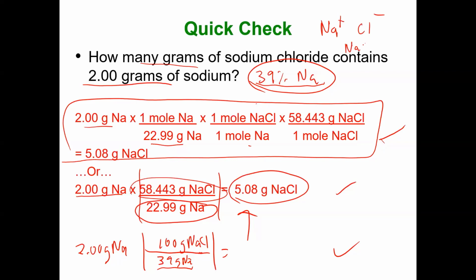So my formula is NaCl, and then go about it the way I showed earlier. Either way, pretty straightforward. Part over whole. They might give you the part over whole, or you might have to calculate it using molar mass, which we learned in the earlier video.